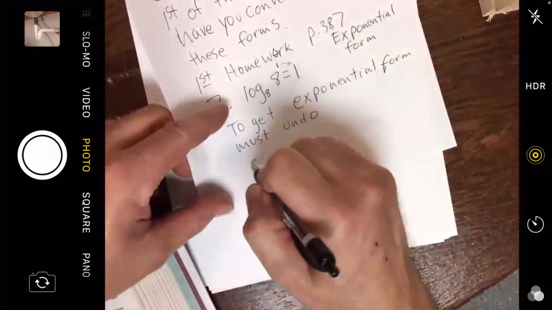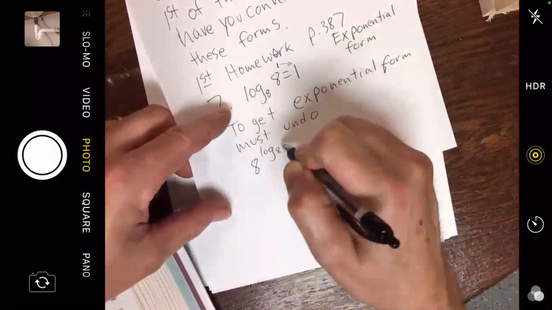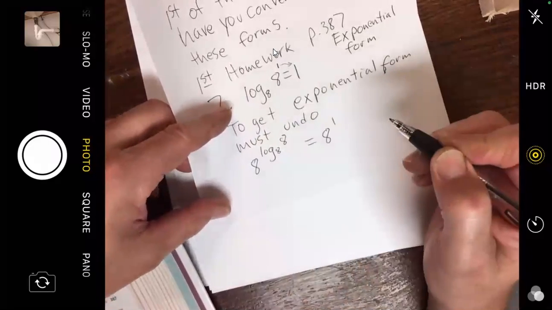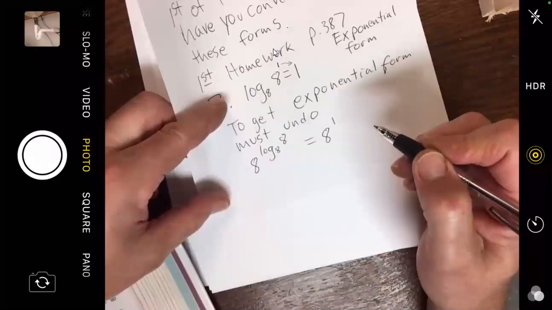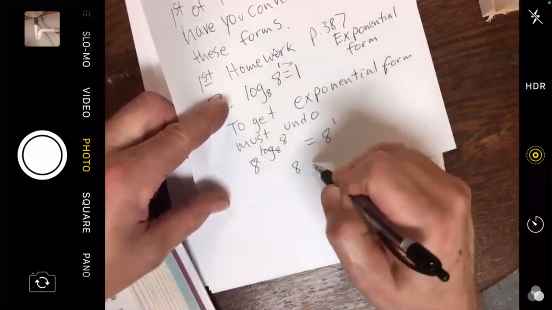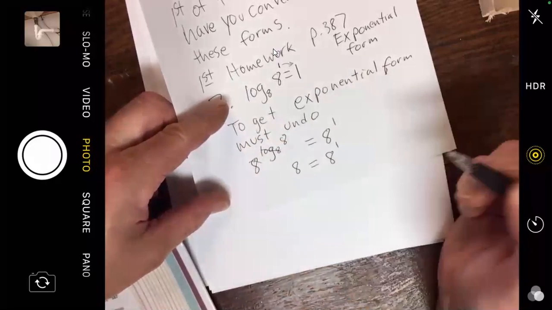So you would go 8 to a log base 8 of 8 is equal to 8 to the 1. These undo and leave the 8, and you have 8 raised to the 1 equals 8.